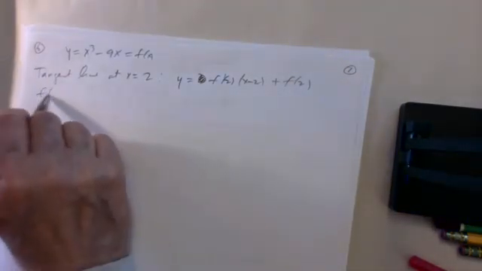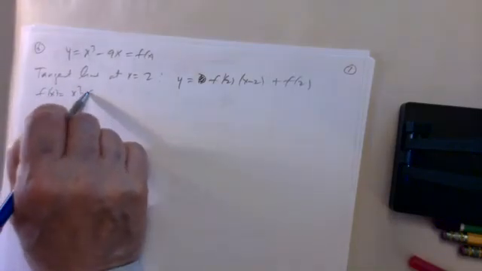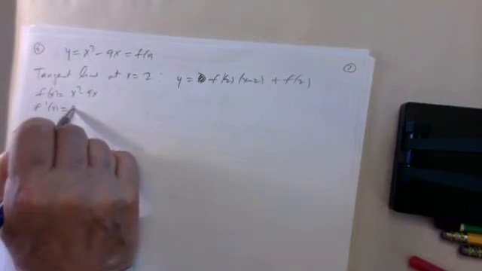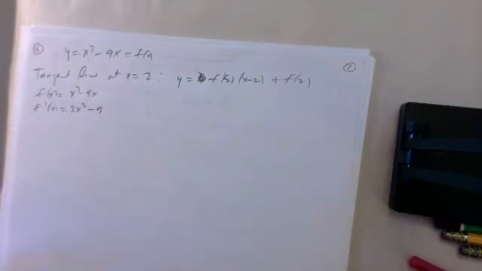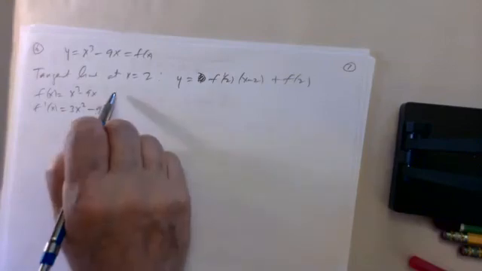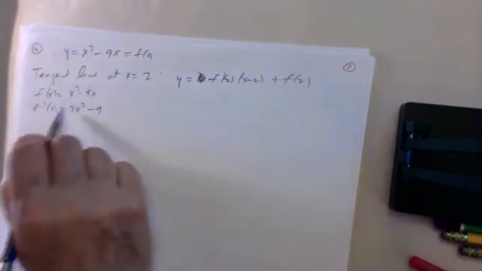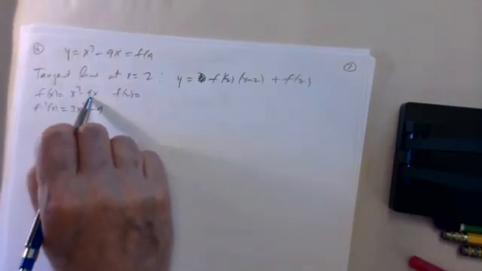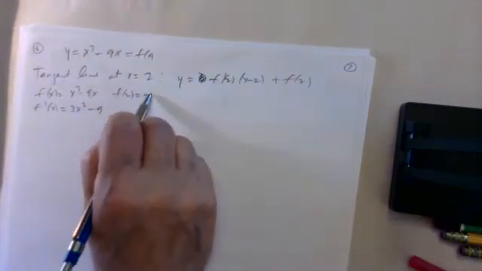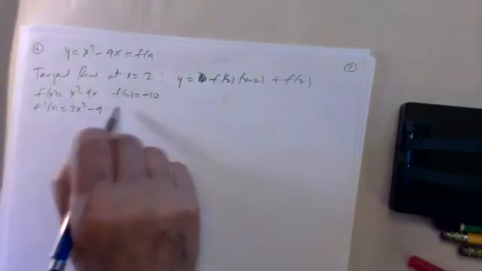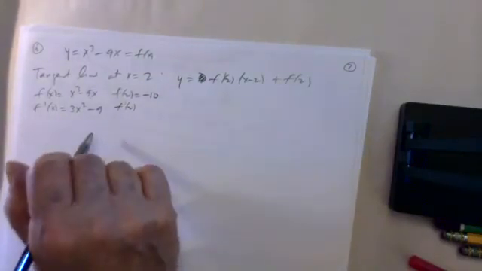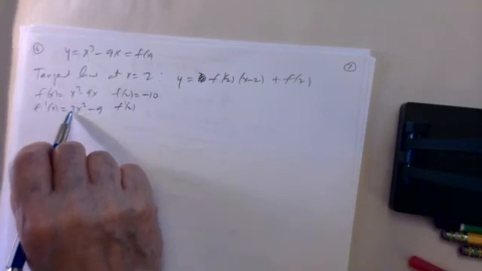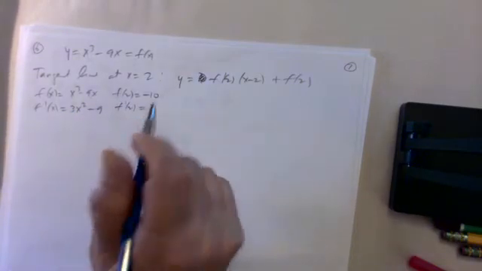So if f of x is x cubed minus 9x, the derivative is 3x squared minus 9. When you evaluate f at 2, you get 2 cubed minus 9 times 2. That's 8 minus 18 is minus 10. And then when you evaluate the derivative at 2, 2 squared is 4, times 3 is 12, minus 9 is 3.